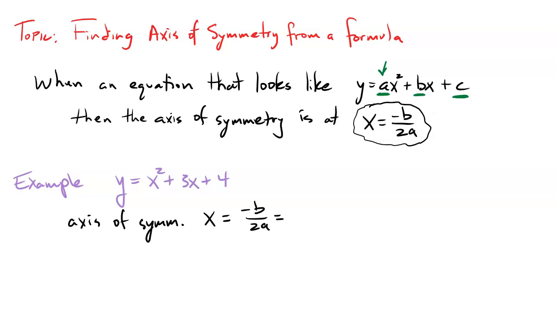So a is the number that's on the x squared, b is the number that's on the x, and c is the number by itself. For this one written in purple, what would be a, b, and c? What's the number on the x? 3. So then that's going to be b. The number that's on the x is always going to be b. The number by itself is c, which we don't need this time, but we will coming up, so that's why we're doing it now. How about what's the number by itself?